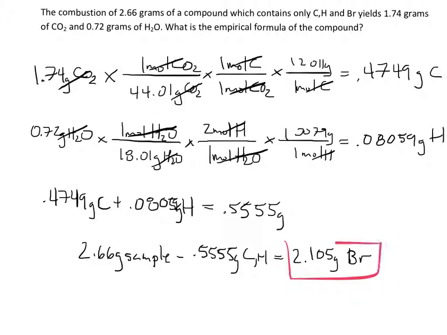With those three pieces of information, we can now calculate our empirical formula. We know the original mystery sample had 0.4749 grams of carbon, 0.08059 grams of hydrogen, and 2.105 grams of bromine. From this point forward, it's just a normal empirical formula calculation.